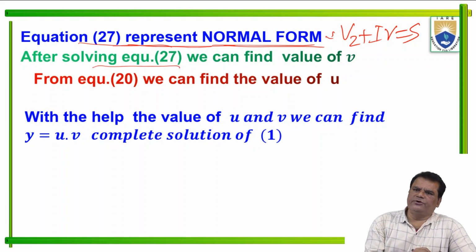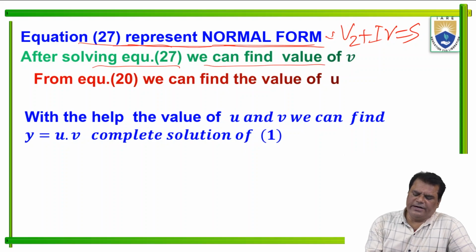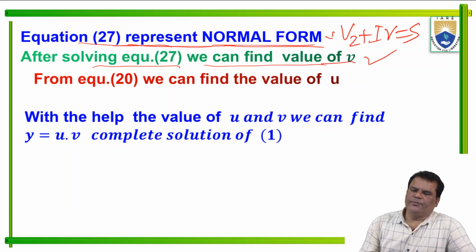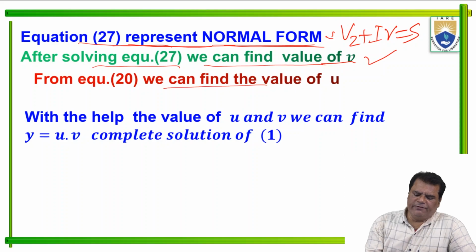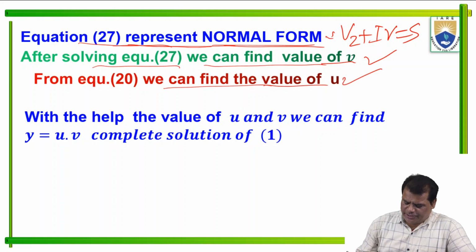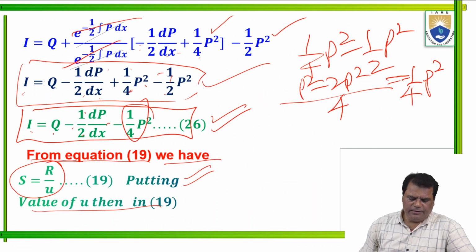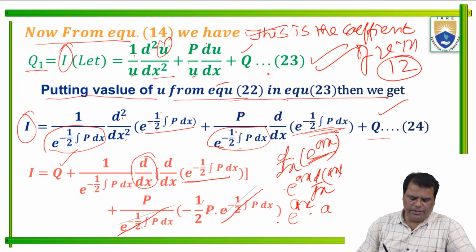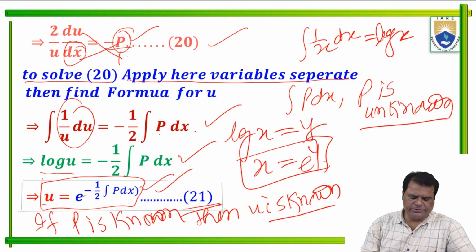After solving equation 27, we can find the value of v. From equation 20, we can find the value of u. What is equation 20? 20 is this. And this is 21.